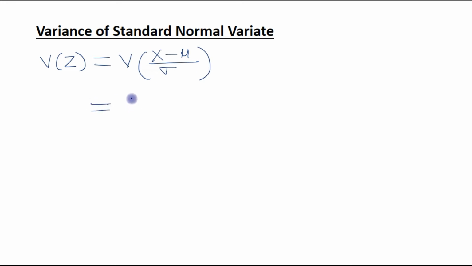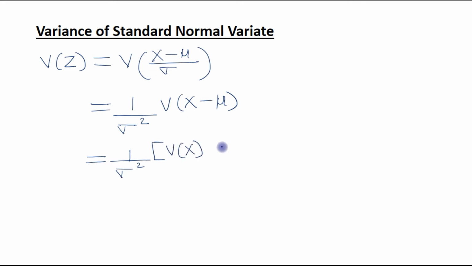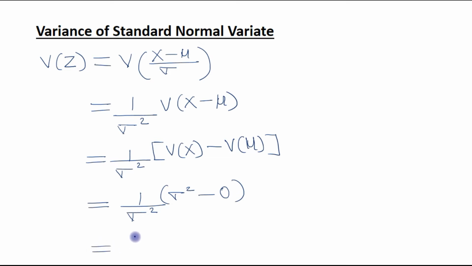Next step, this will be sigma square minus variance of a constant is 0, so this will become 1.